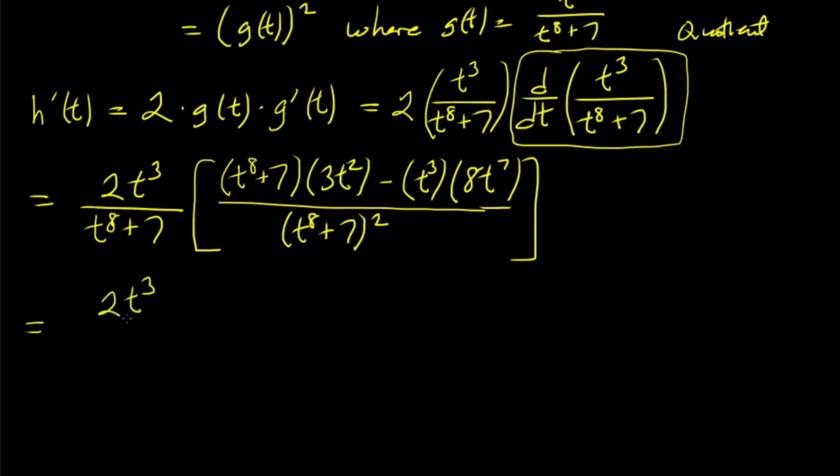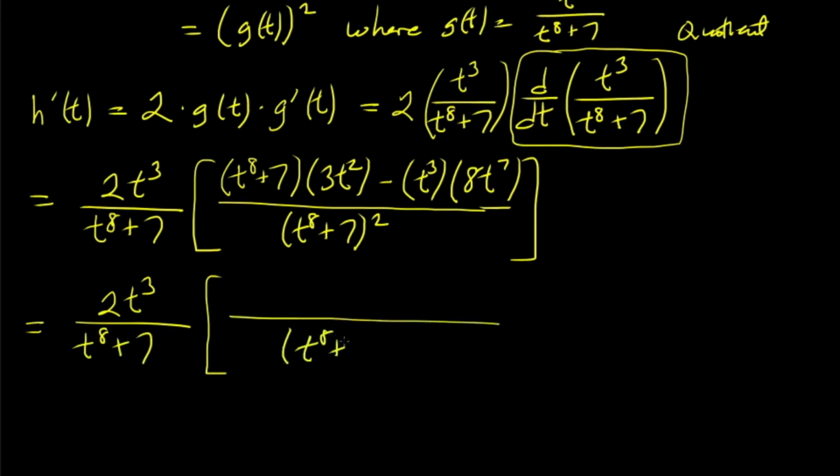So 2t cubed over, okay, let's go one step at a time. So keep that, and then let's just simplify this. So keep the denominator, and let's just multiply out the numerator. 3t squared times t to the 8 is 3t to the 10 plus 21t squared minus 8t to the 10.